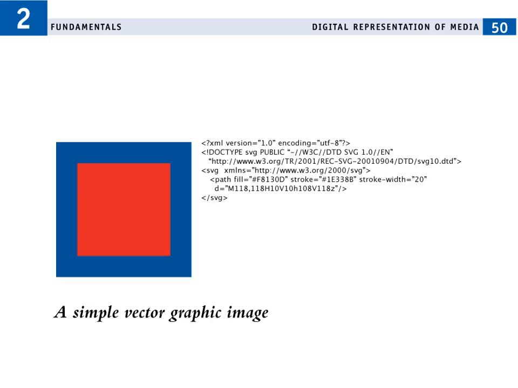So we use shapes, we don't use bitmap pixels to describe the image. It's called a vector graphic image: you use lines, curves, or shapes to describe the image.